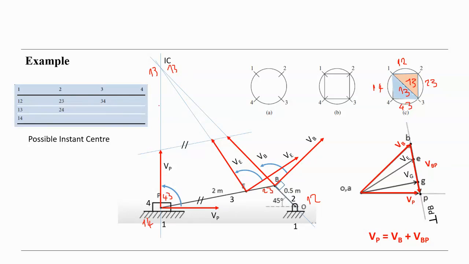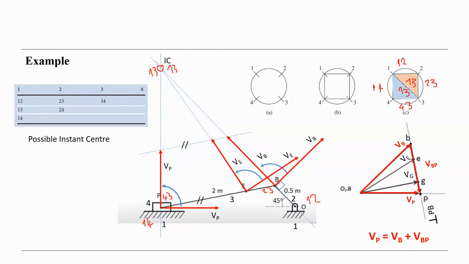So if you draw this line through 1,4 and 4,3, and the line through 1,2 and 2,3, they intersect somewhere here, and it is the point where we have the instant center for member 3, for link 3.